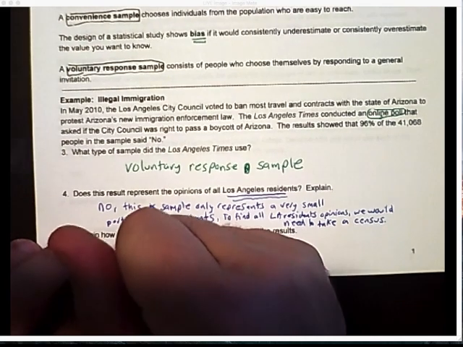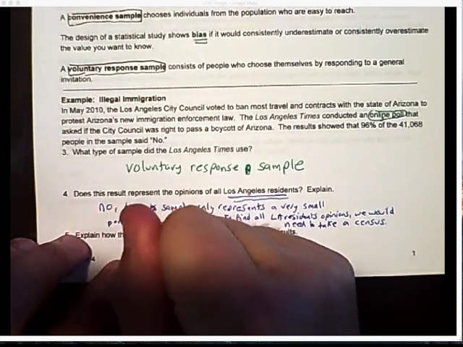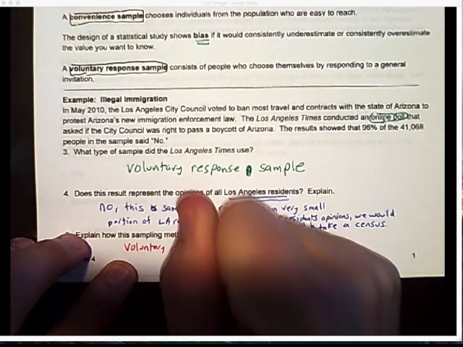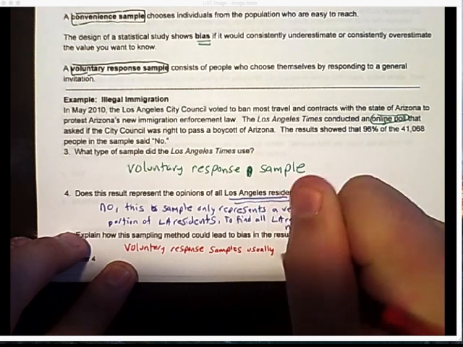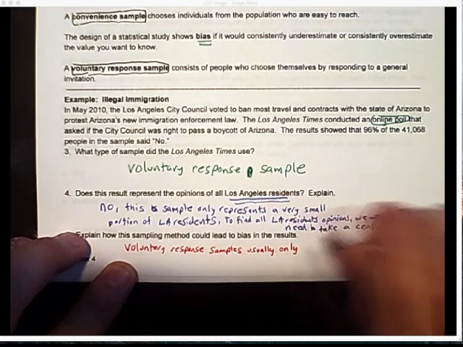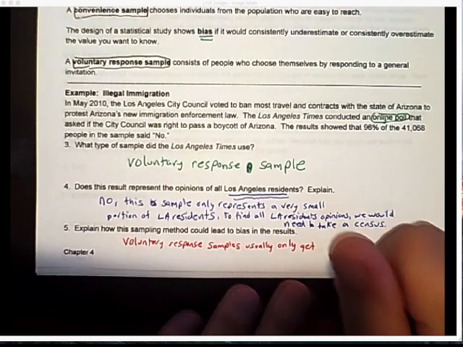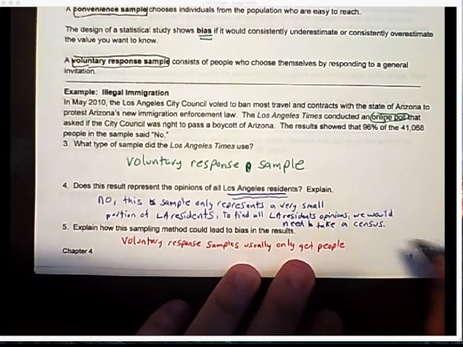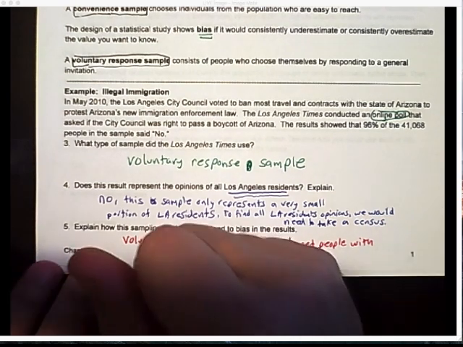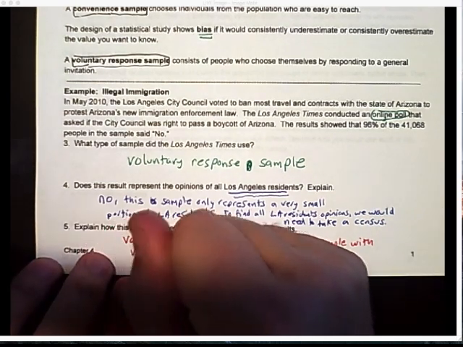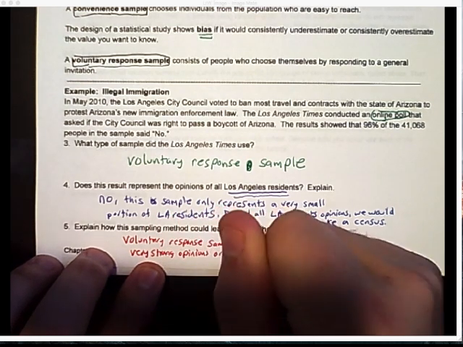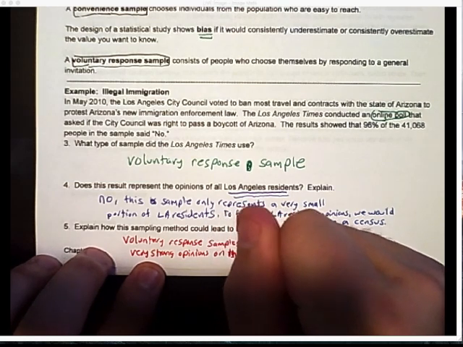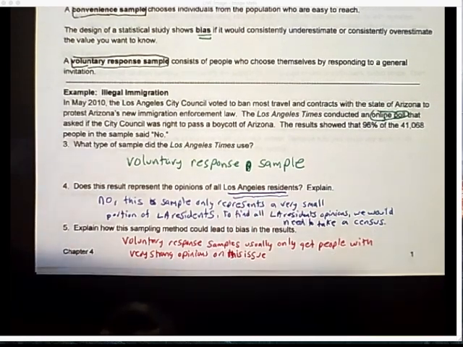It just says explain how the sampling could lead to bias, and I would say something like this. Voluntary response samples usually only get people with very strong opinions on issues, or on this issue in particular, because immigration is a hot topic that's been going on for the last, I don't know, 20 years or so.